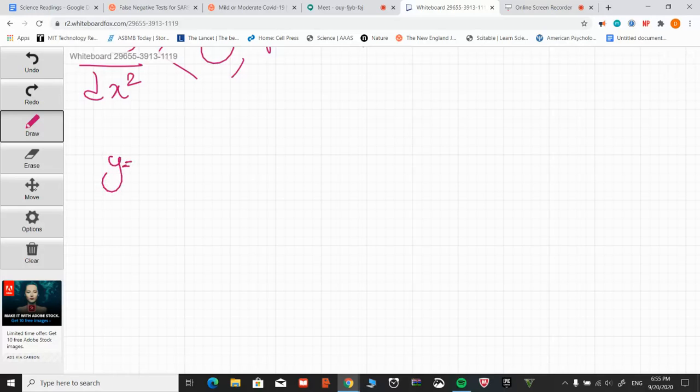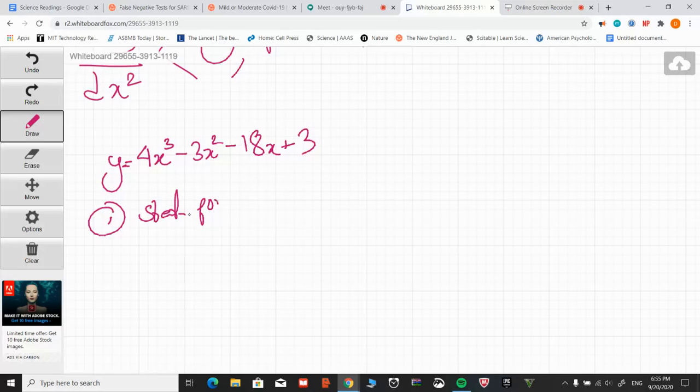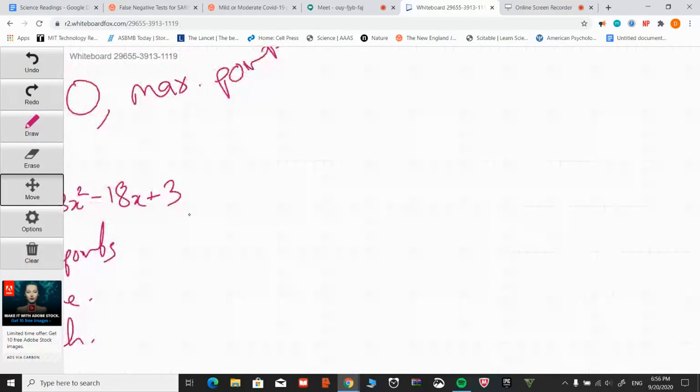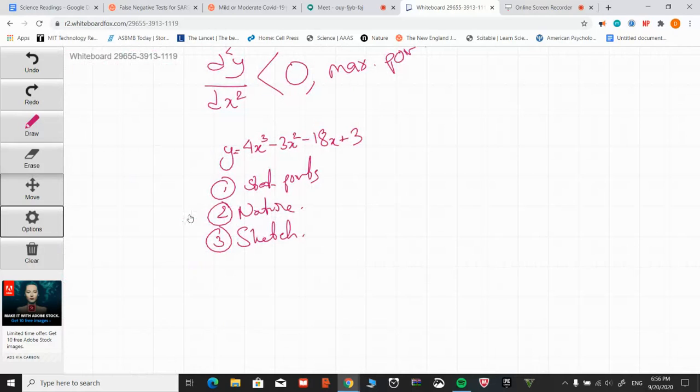Suppose you give me the equation of a curve, 4x cubed negative 3x squared negative 18x plus 3, and you ask me to, number one, find the stationary points, coordinates of the stationary points, and you also ask me to find the nature of those stationary points, maximum konta, minimum konta, and finally you ask me to sketch the graph as well. So সবই করা যাবে.